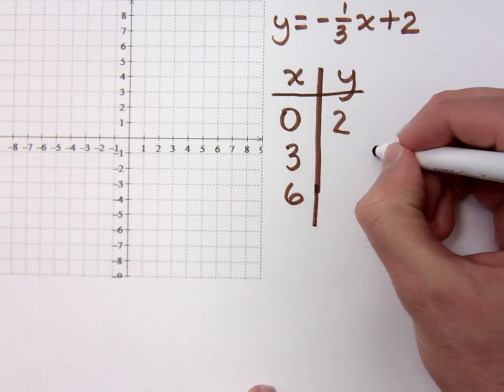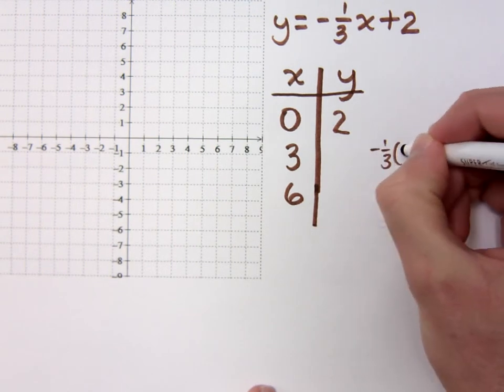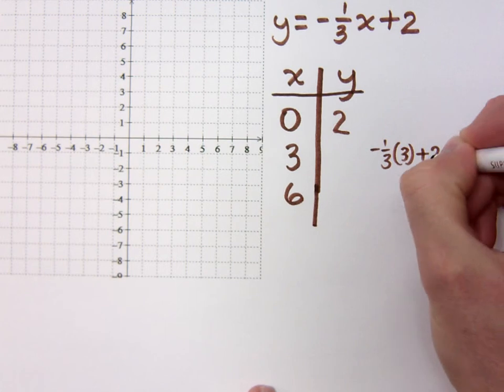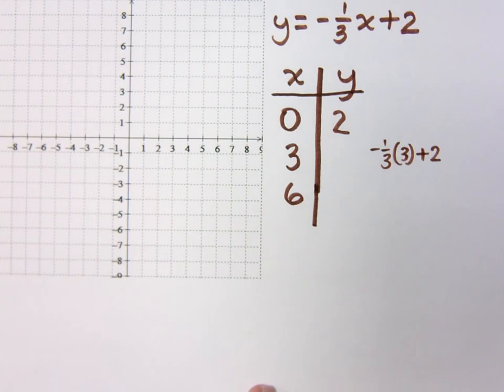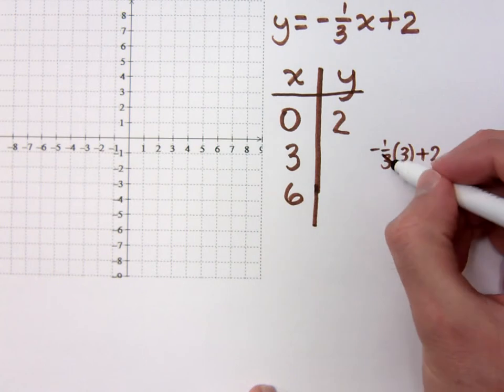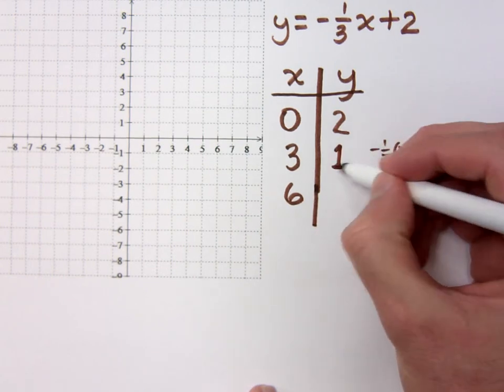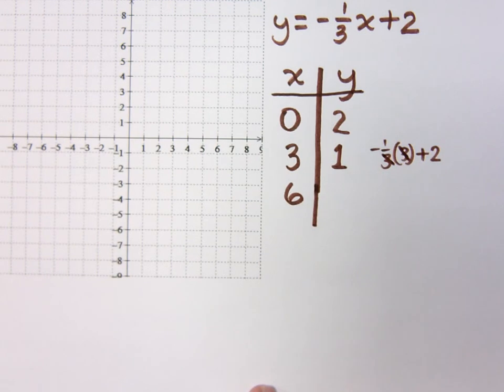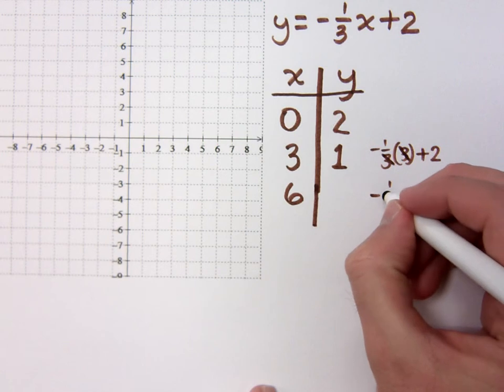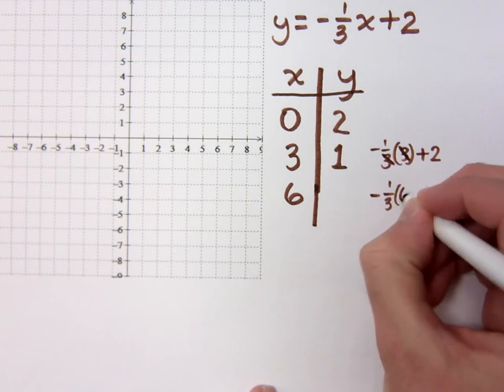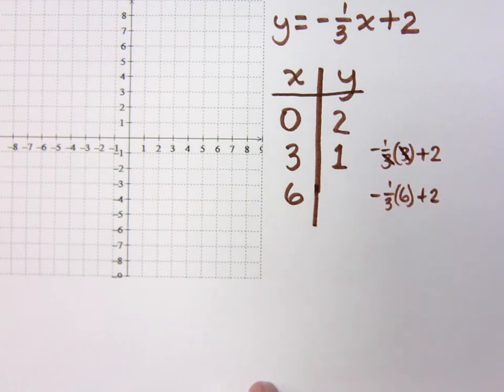So check this out. If I do negative 1/3 times 3 plus 2, what's going to happen here? Negative 1 plus 2 is just 1. Right? If I plug in the 6, I've got negative 1/3 times 6 plus 2.